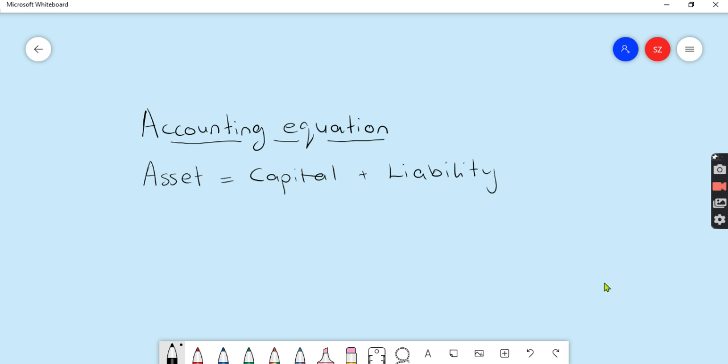So if we go back to this accounting equation, when we bring the liability to this side, then we can have asset minus liability is equal to capital.